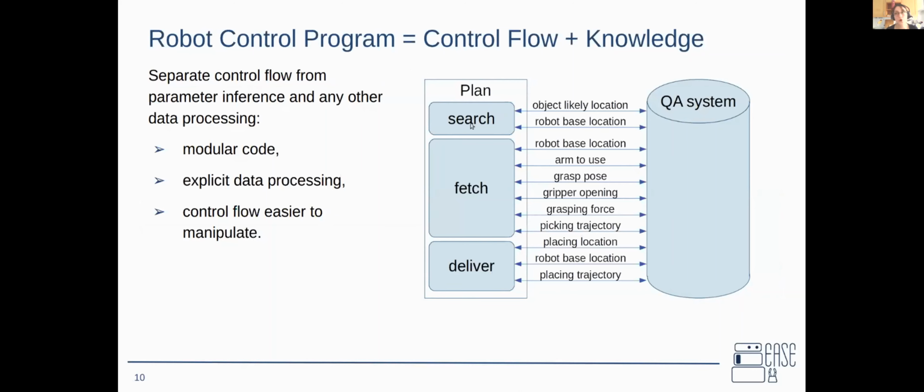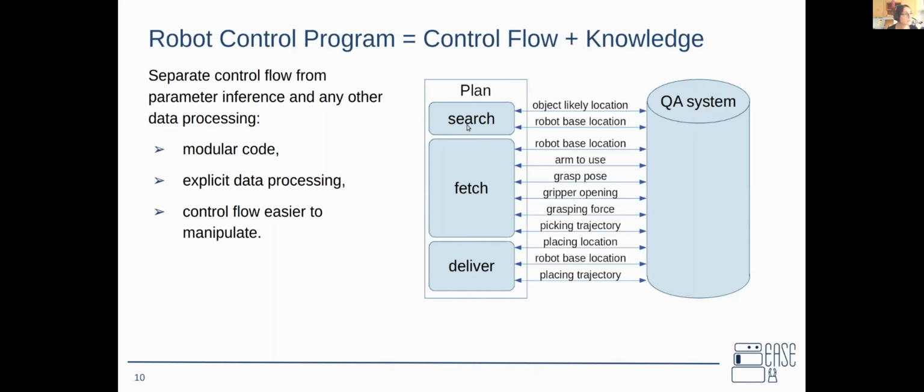So the control flow is all the steps of the action. Basically, if I want to transport an object from A to B, I have these steps: search, fetch, deliver. And all the optional parameters of this action are inferred separately in the knowledge processing system or the question answering system. For example, the search action needs to know where to search for the object, what's the likely location of the object. And then we query the QA system and get the result back, and then the plan executes this action.